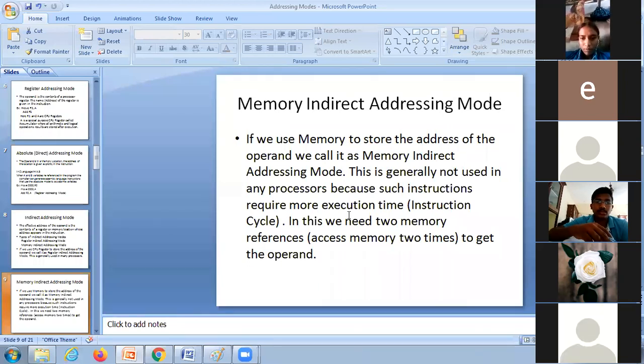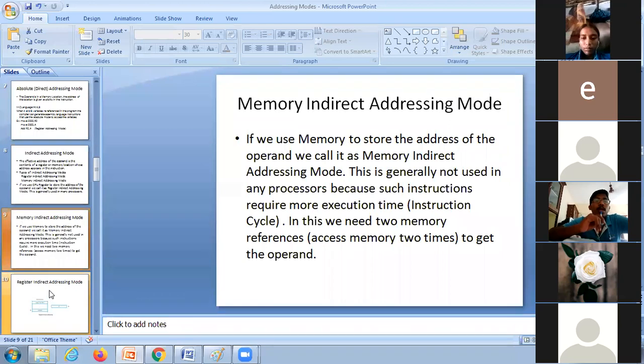The majority of the processors use only register indirect addressing mode. Thus, by default, register indirect addressing mode is treated as indirect addressing mode. Any doubt till this step? No, sir. Okay. Next, I will explain with the diagrams now, so you will understand better.